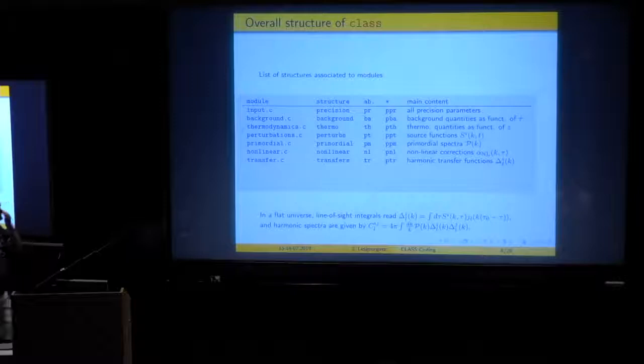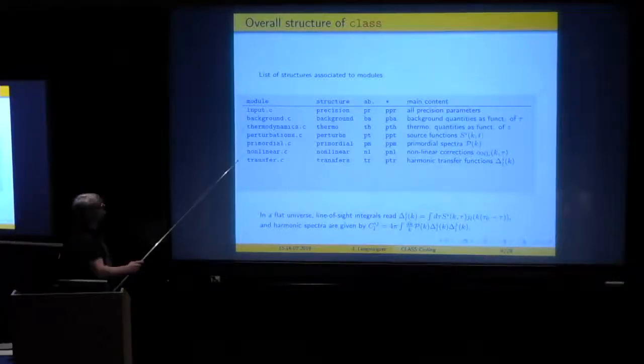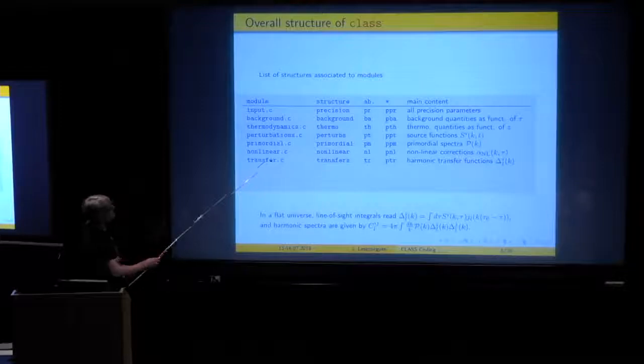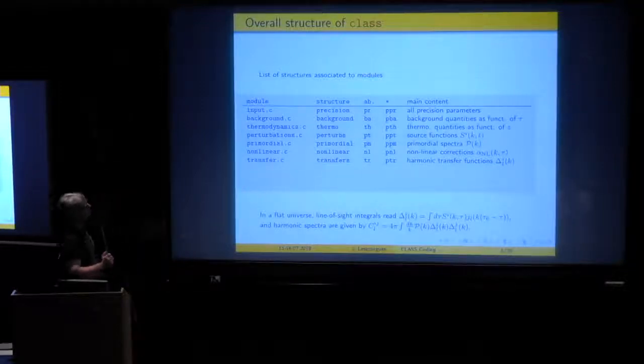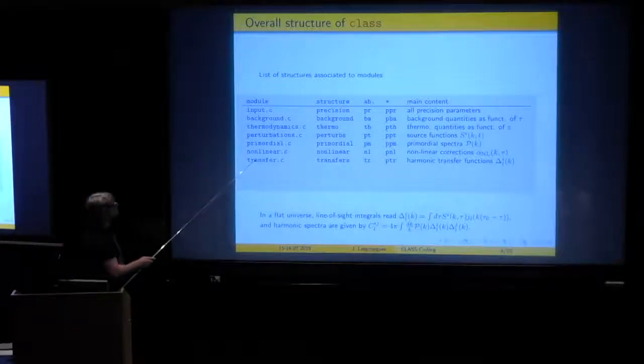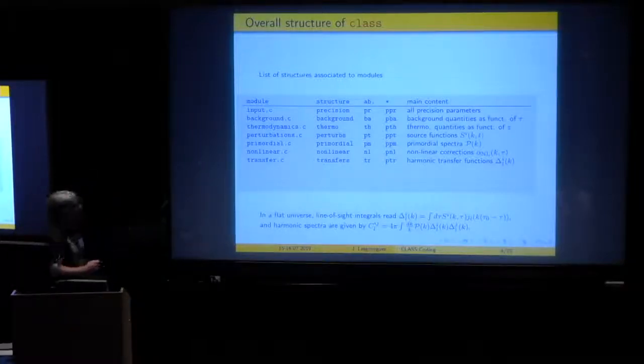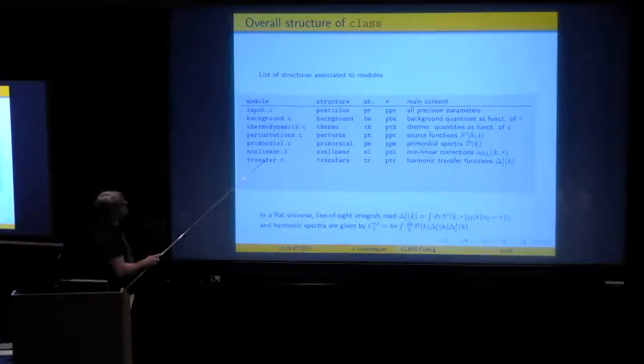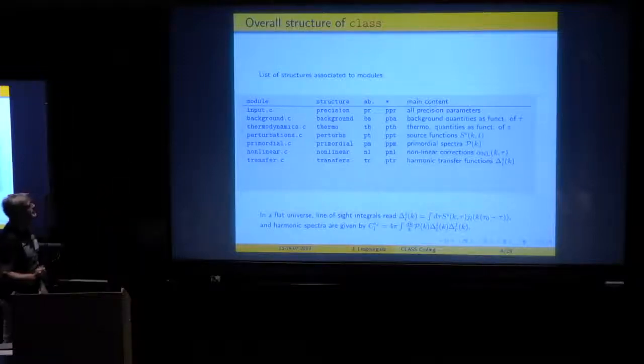After that, you go to the transfer module, transfer.c. The goal of this module is to compute the harmonic transfer function. I don't like the name so much, and I will tell you about some renaming we have in mind later. I don't like it because you can also call transfer functions the perturbations which are integrated here and normalized to R equal 1.